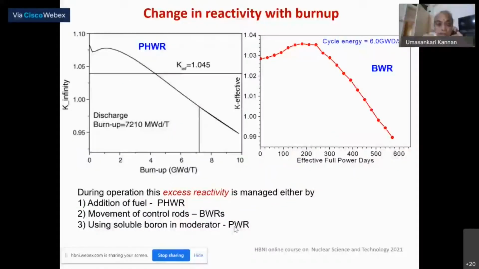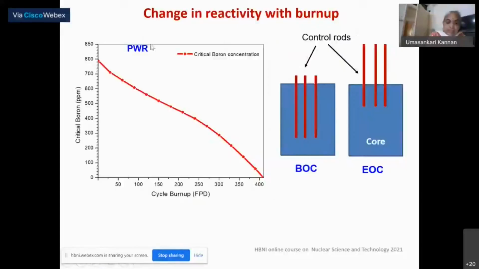So I am slowly diluting the boron as the reactor operates and the fuel depletes, and thereby the neutron absorption is balanced with the production. So at the end of the cycle, I will almost have no boron. I'm coming to the next chart, where this is for PWR. Initially I use so much boron to compensate the excess reactivity. I think you have understood.